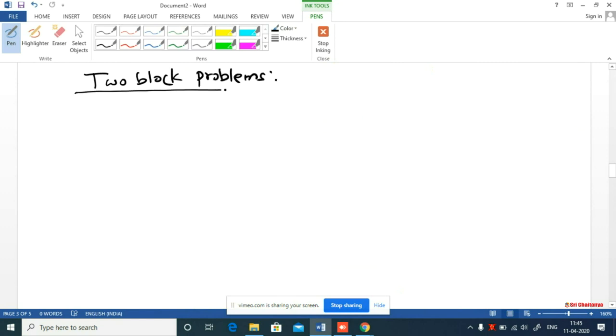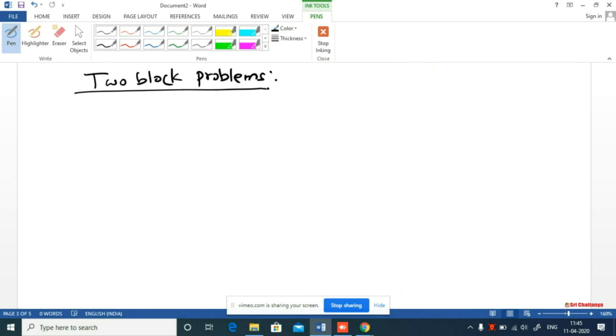The main frame of doing the two block problem we have already done. You have to understand when friction would be static, when friction would be kinetic, and especially when friction would be static, what the conditions are.